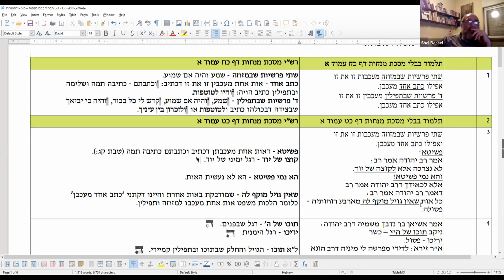The k'tav echad is that the letter has other dinim besides it being there, right, as being part of the parsha, and besides its surah. And in addition to having surat ot, it also has to be surrounded on all four sides by gvil. In other words, not touching any other letter, and not bleeding to the edge of the parchment, or not bleeding into a hole in the parchment.